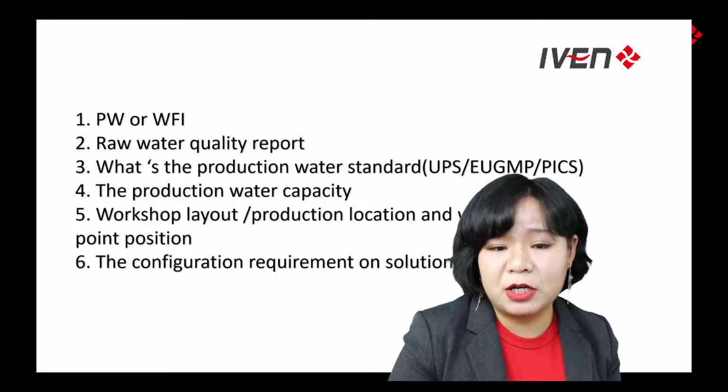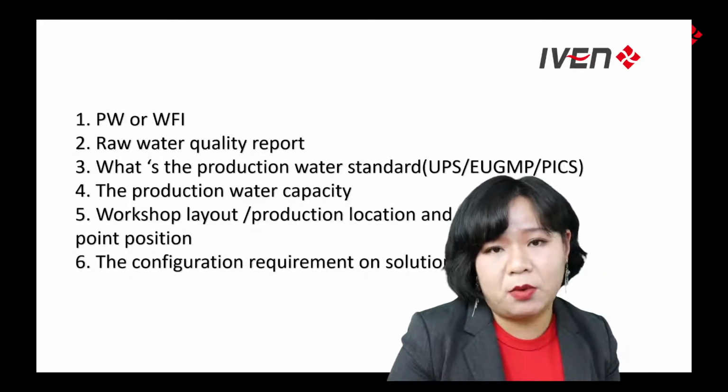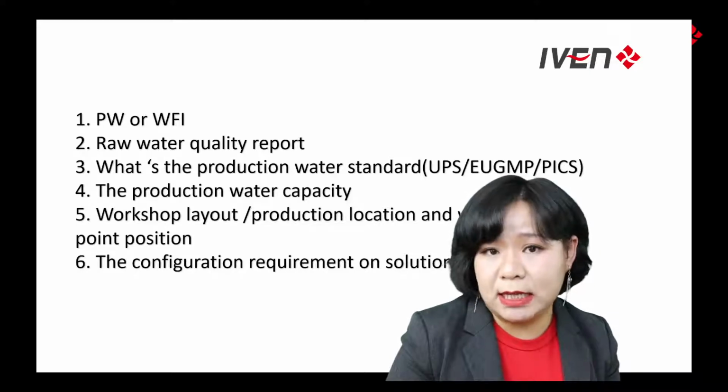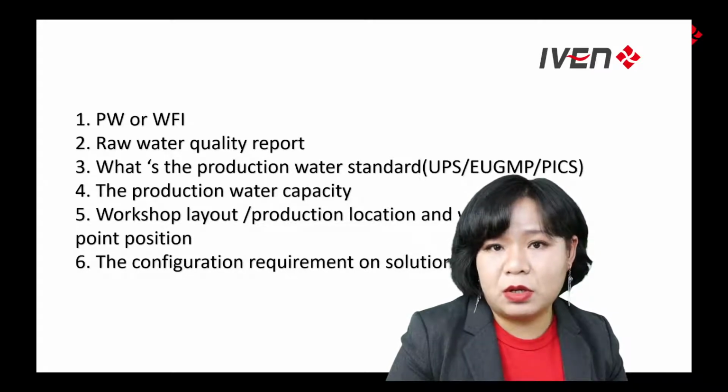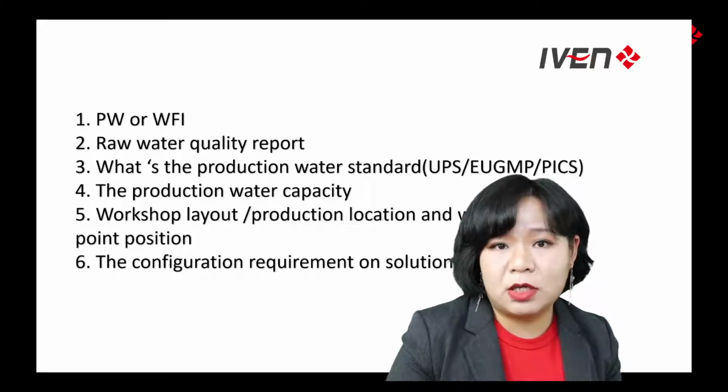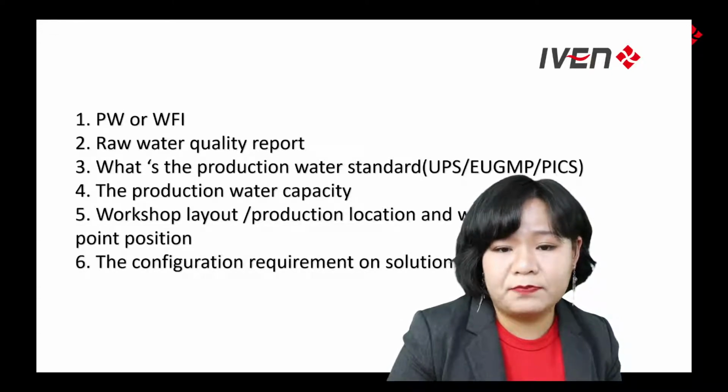Also the configuration requirement: we can give you the top design, or if you have more consideration on cost saving, we can give you the cheaper reference on solution mixing.